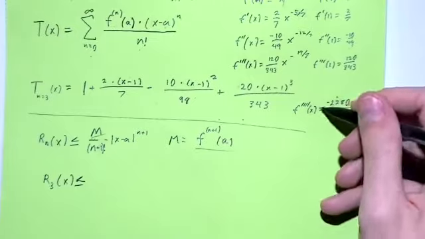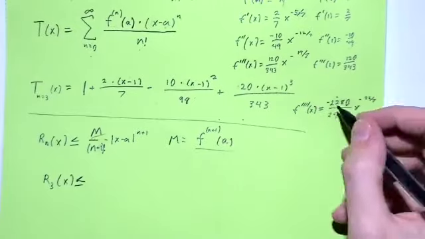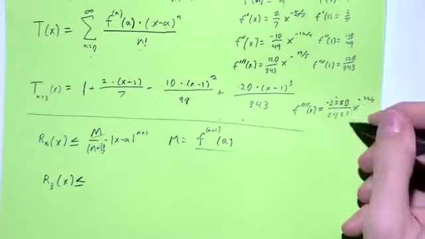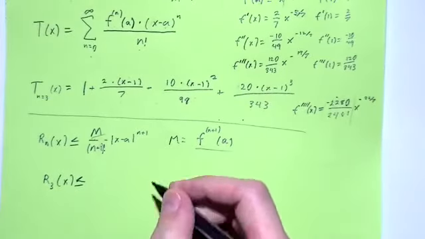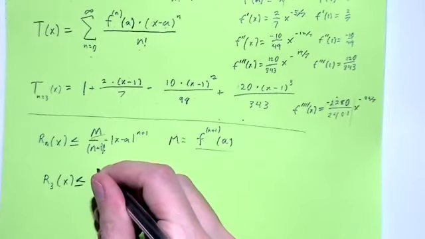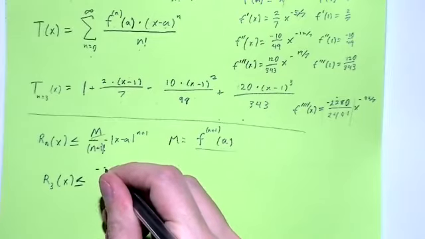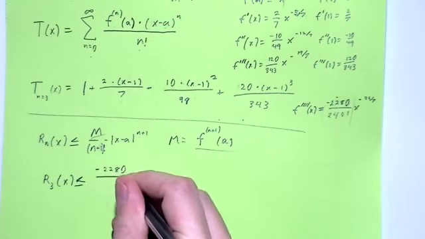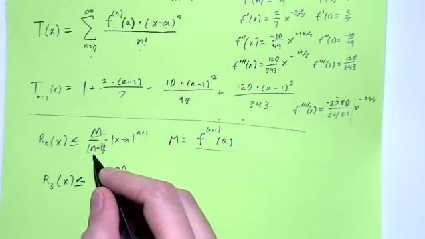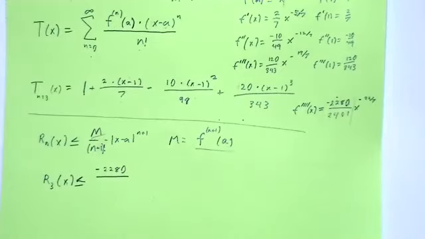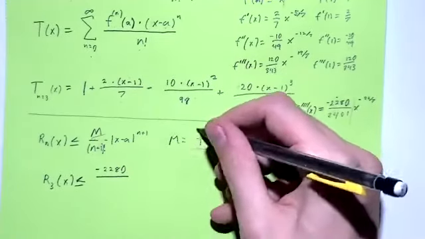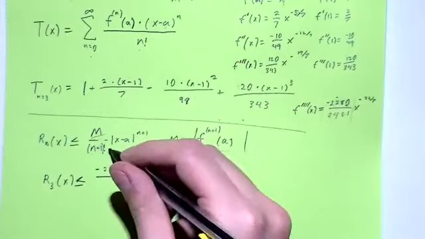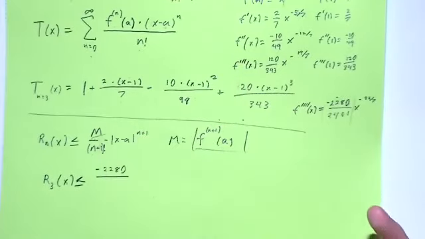When we plug in a equals 1, of course, it's going to just be this fraction right here. So we get negative 2280 over 2401. M is the absolute value of this. So again, this is really just taking absolute values everywhere.